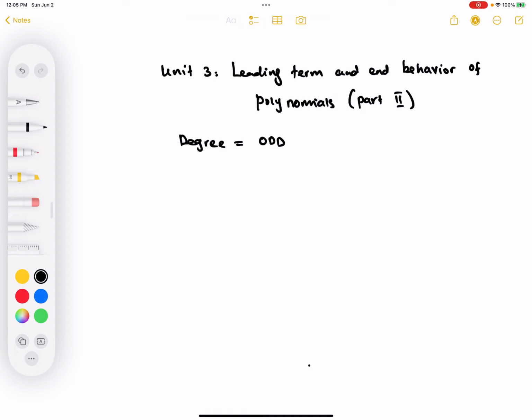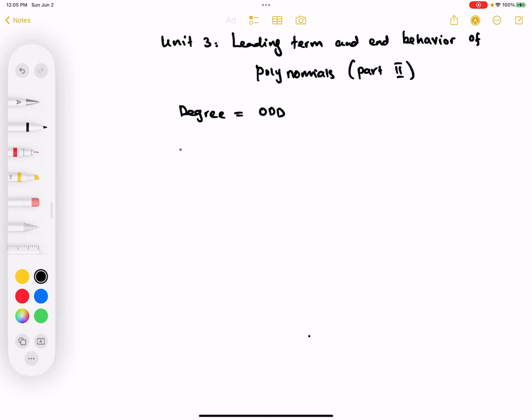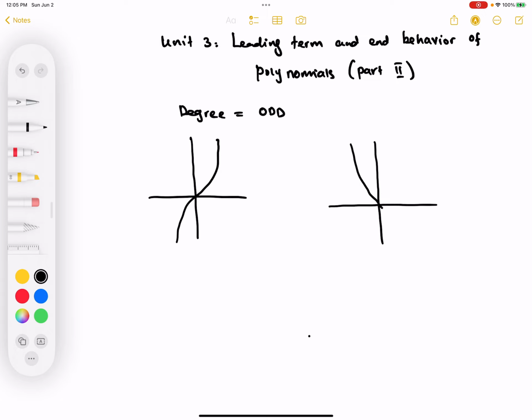Again, I will give you a template to analyze this one, because most of you know these functions. Let's see this one, and the other one is this one. These are my templates, because if you understand these graphs, then it will be easier for you to analyze the end behavior of the highest degree with odd degree.